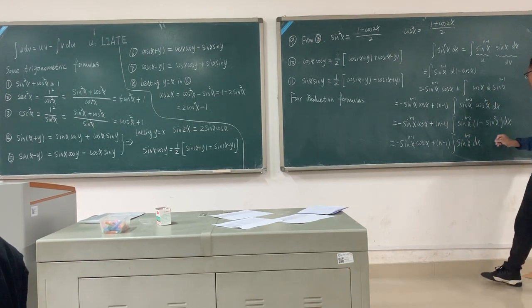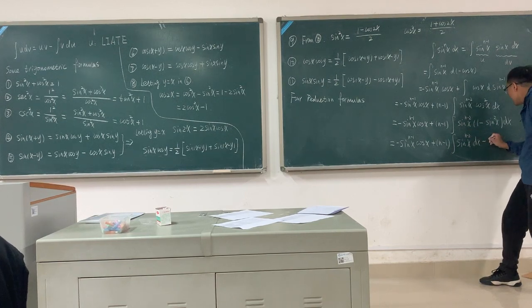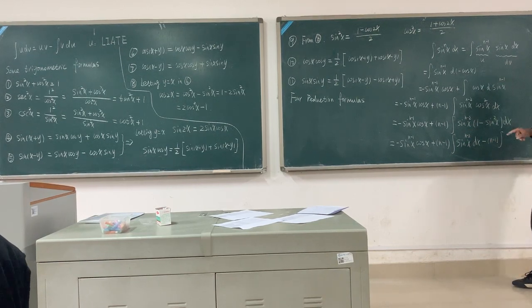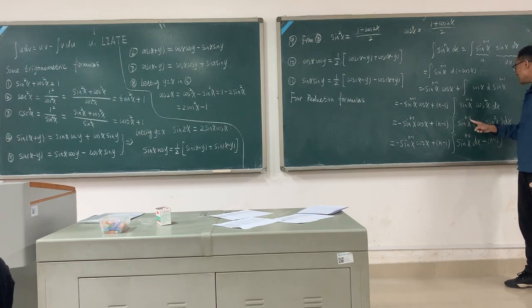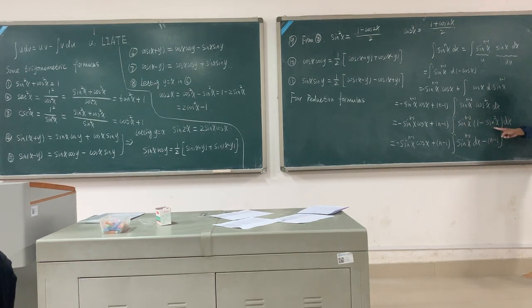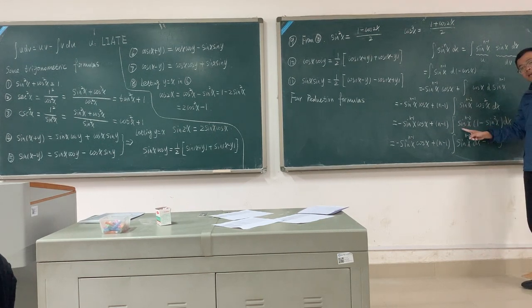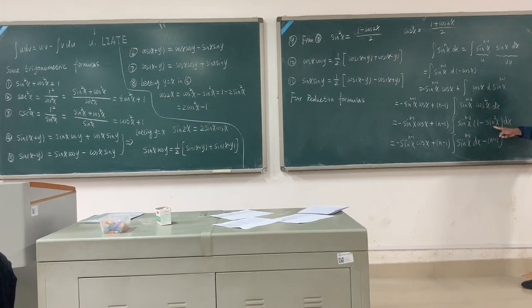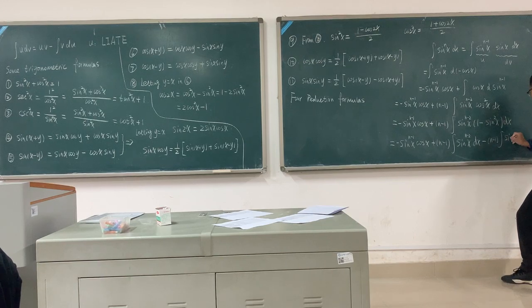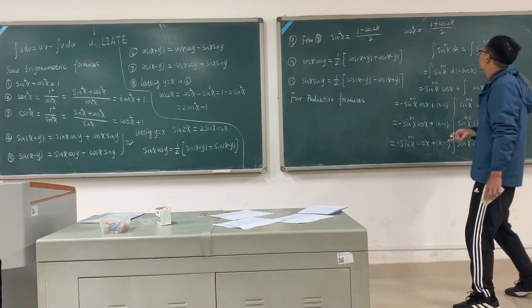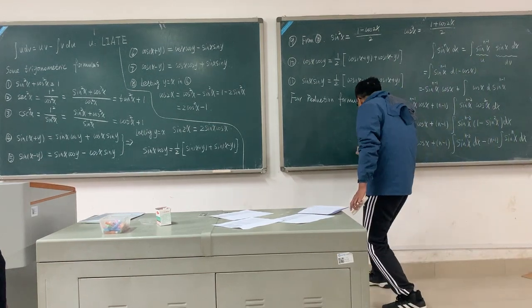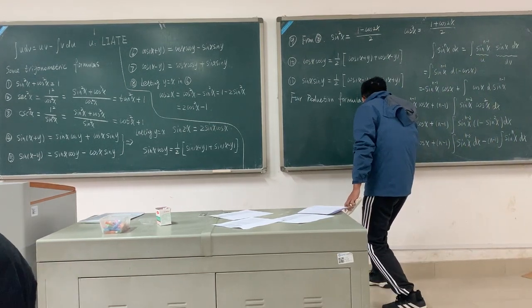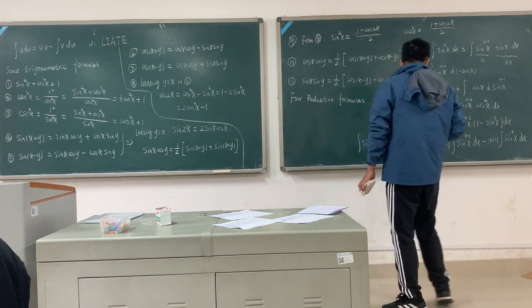The second term, minus n minus 1 times sin x to the n minus 2 power times sin x squared, which equals sin x to the nth power, so the integral of sin x to the nth power dx. The left hand side is the antiderivative of sin x to the nth power.